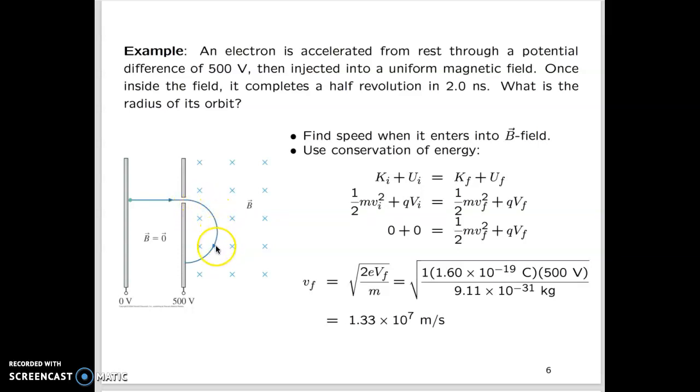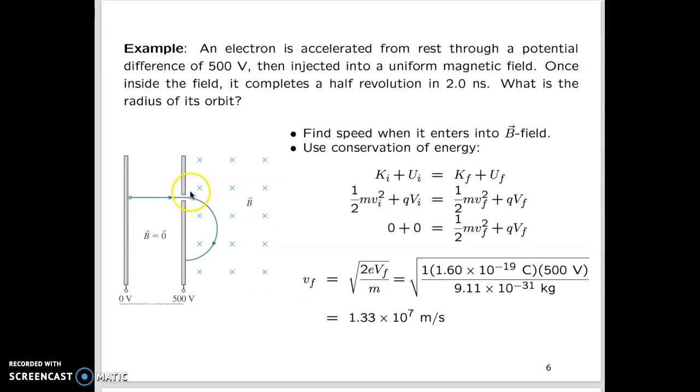So here's the circular motion that the electron undergoes. We used conservation of energy to find what the speed of the electron was when it left the region between the plates and entered the region on the right where there's a magnetic field present. And it was 1.33 times 10 to the 7 meters per second.